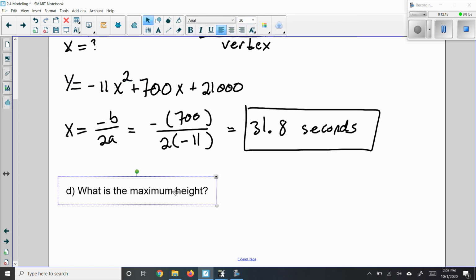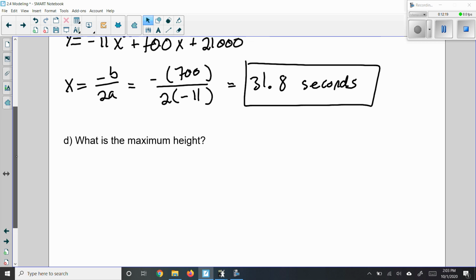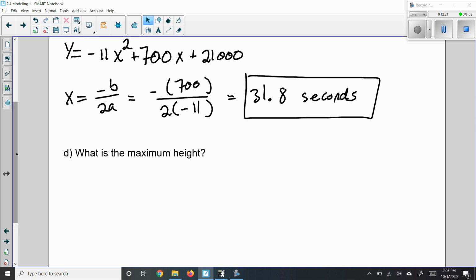So now the third part of this question was asking us, what is the maximum height? In other words, it's asking us for the y coordinate of the vertex. So y equals, well, I know the x value. I just calculated it.